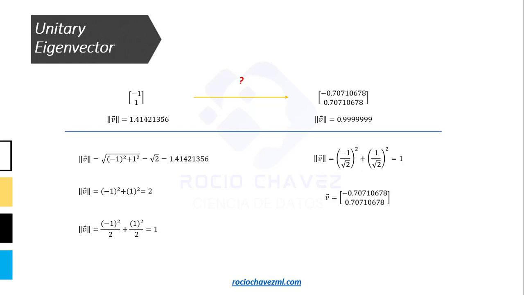If we divide minus 1 by the square root of 2, we get minus 0.7071. And if we divide 1 by the square root of 2, we get the second element of the eigenvector. Now we have an eigenvector whose magnitude is equal to 1.